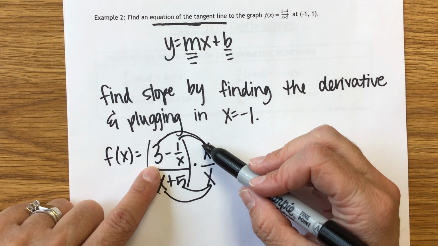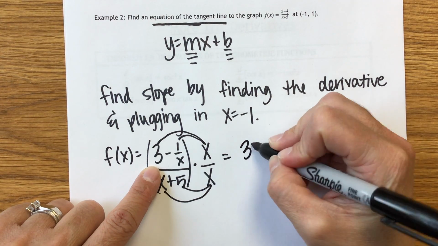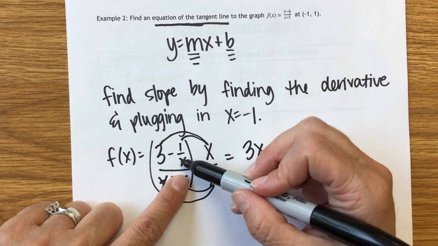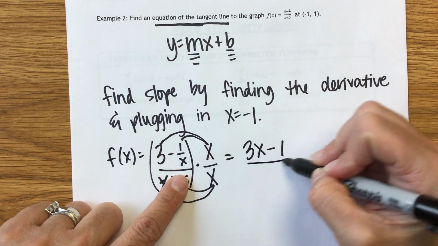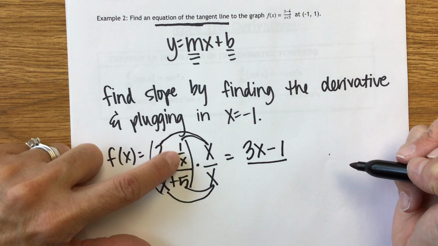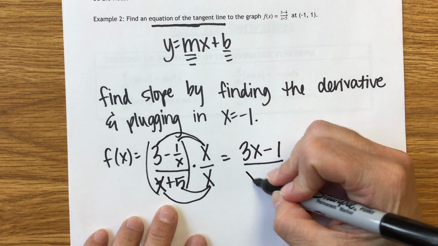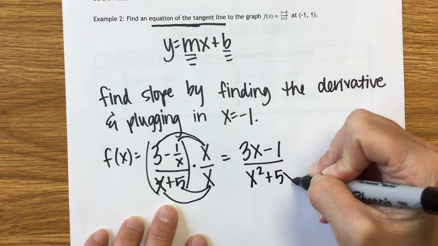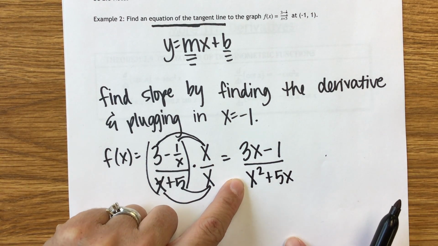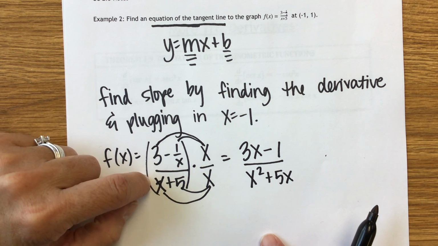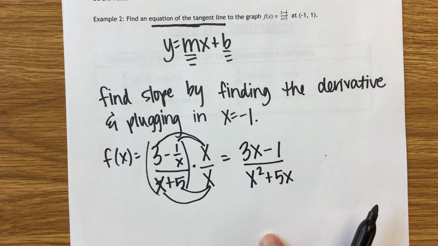The reason that I picked it is when I distribute there, I get 3x. When I distribute here, I get 1x times x. My x's cancel, and I just get a -1. So I picked the denominator of that fraction within a fraction, multiplied that by every term, and now I have this function, which I think I can find the derivative of easier than the original one, because the original one had a fraction within a fraction.